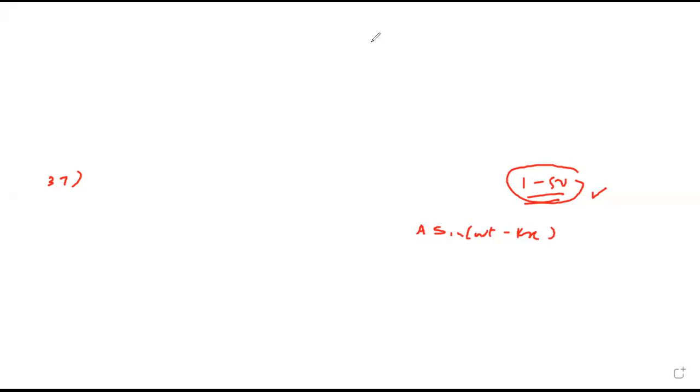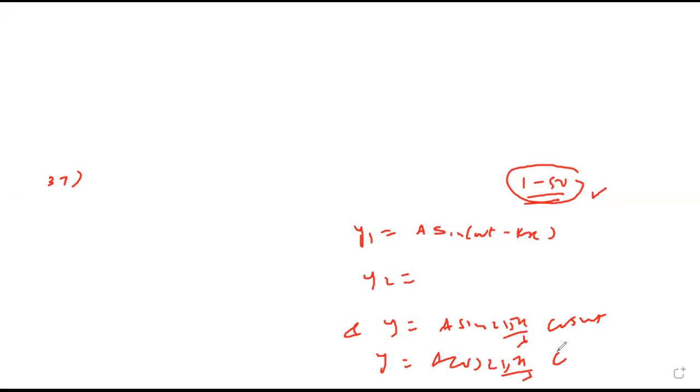See, if A sine omega t minus kx is one displacement, so what will be the second if the resultant is A sine 2 pi x upon lambda cos omega t, and if the resultant is A cos 2 pi x upon lambda cos omega t? Tell me both.